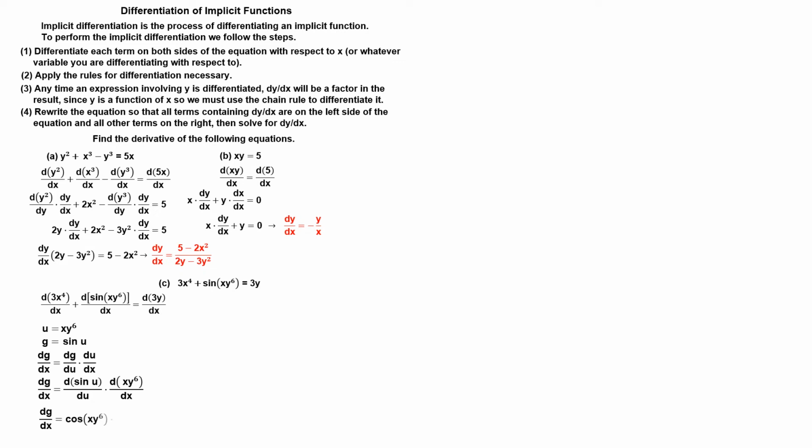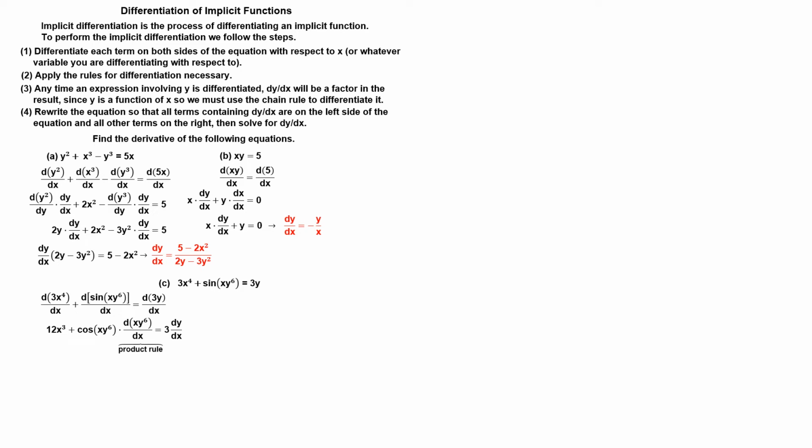We should notice for the third term, we already get dy/dx. After applying the chain rule for the second term, we can see that we must apply the product rule. After applying the product rule, we must apply the chain rule again.